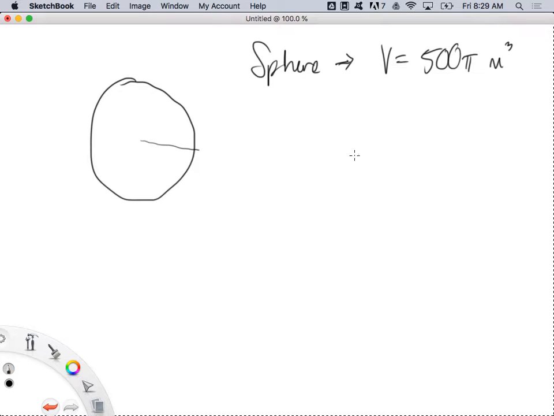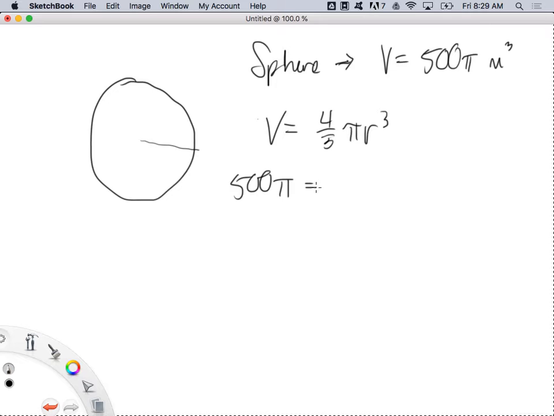Well, I know that volume equals 4/3 pi r cubed, right? So if I already know the volume and I want to find the radius, I plug in the volume here as 500 pi equals 4/3 pi r cubed.